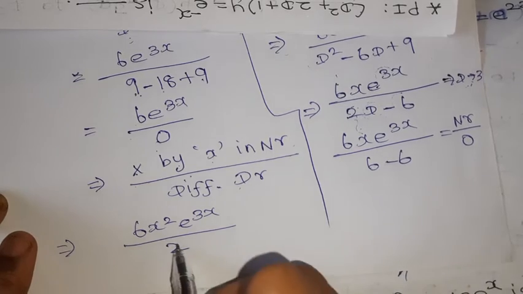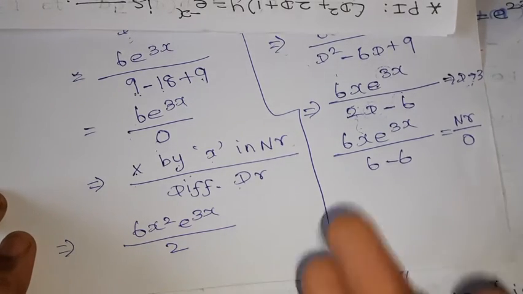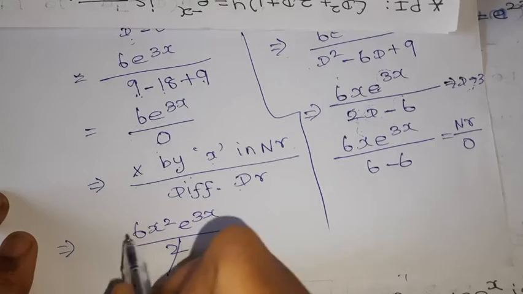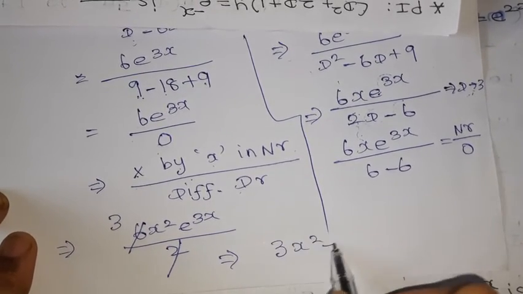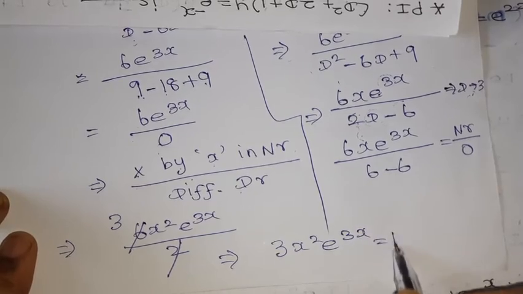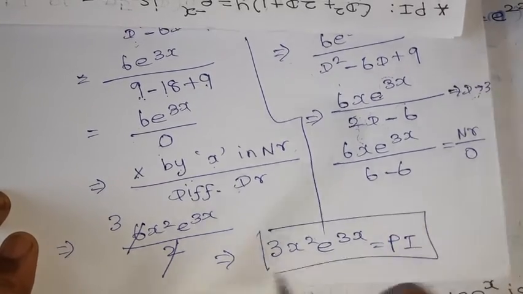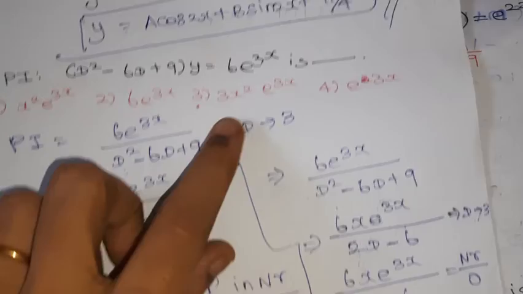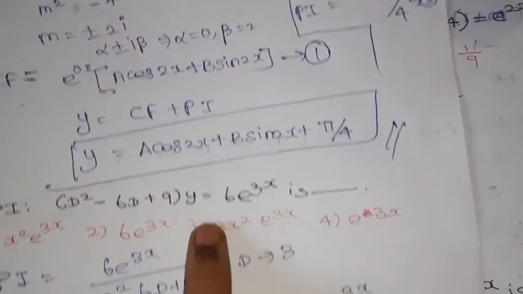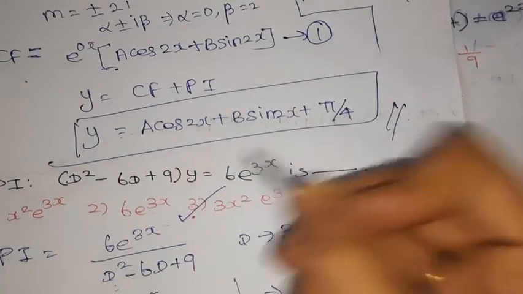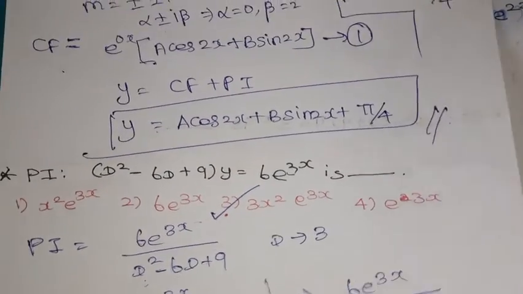So this is the answer, there is no further simplification. Cancelling, we get 3x squared e power 3x. This is the particular integral for the given problem. Option 3 is the right option.